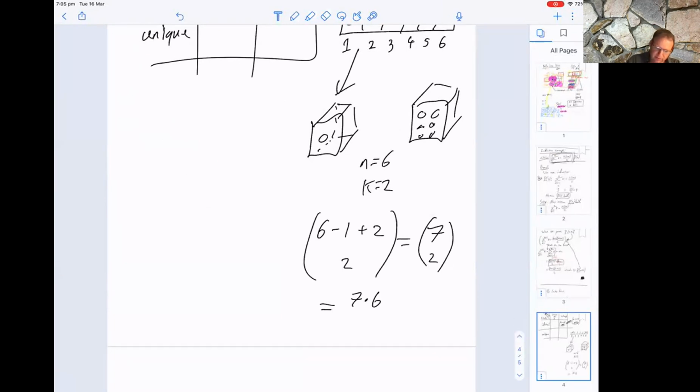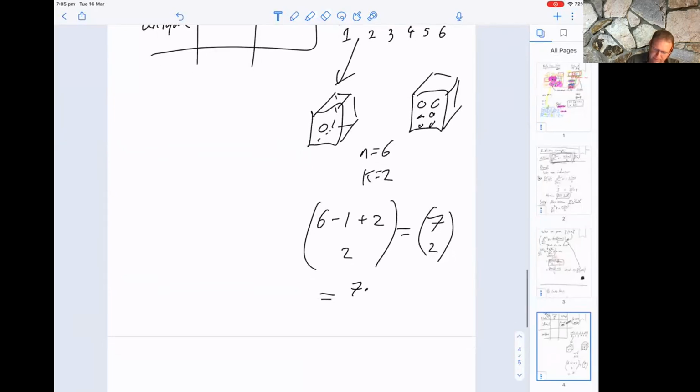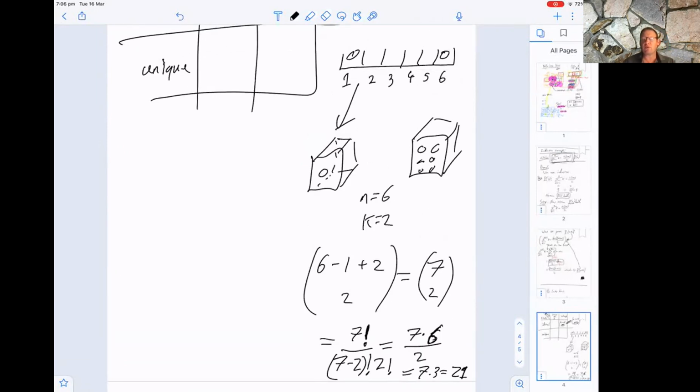Let's just do it fully. 7 factorial divided by 7 minus 2 factorial, 2 factorial. So that's 7 times 6 divided by 2. And that's 7 times 3, which is 21. So there's 21 possible ways of saying what you got in Monopoly.